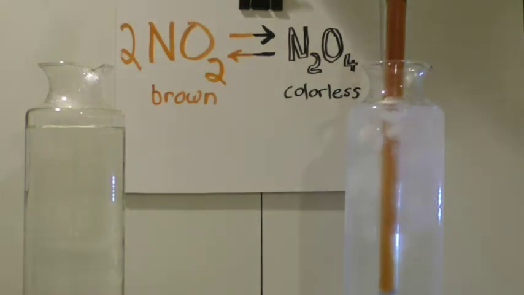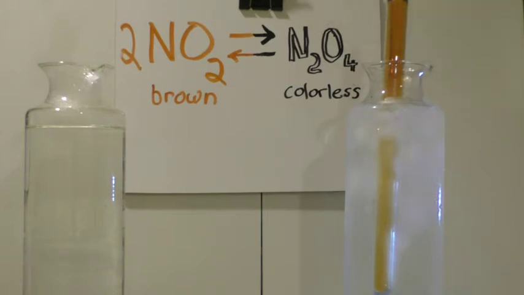And you can see almost immediately that the intensity of the brown color goes away. But it doesn't go away completely. In fact, if I let it sit here long enough, it's going to reach a state where the color is no longer going to change. It's going to seem to settle down in what we call an equilibrium position.